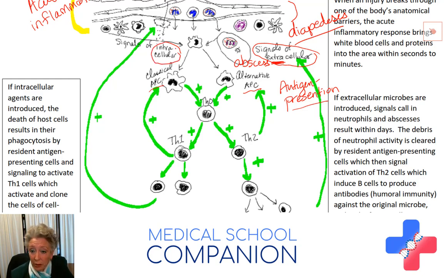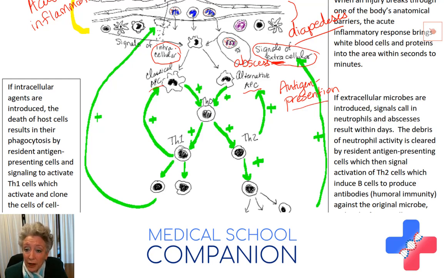That is a terribly important signal because remember, if you're thinking strategically about trying to destroy something that has invaded your body, there's going to be a very different recognition way if it's something that's just floating around in your tissue fluids versus something that is actually hiding inside your cells.